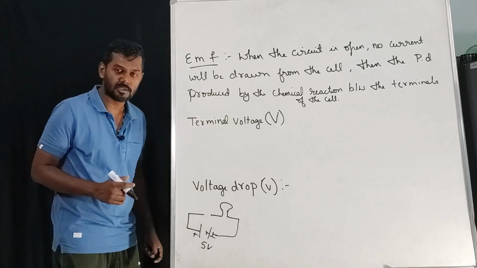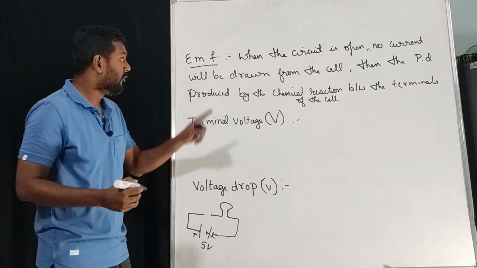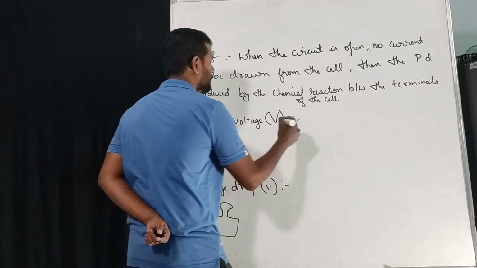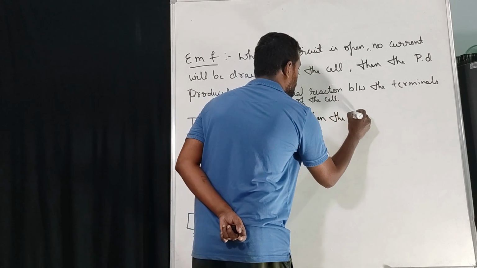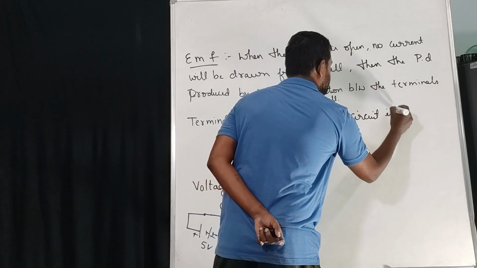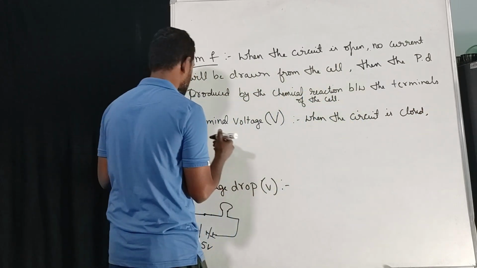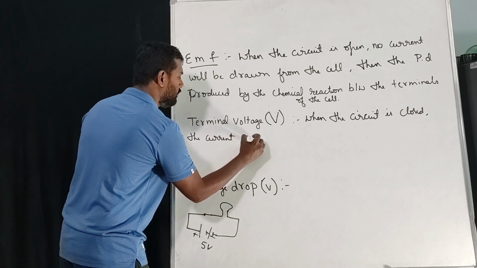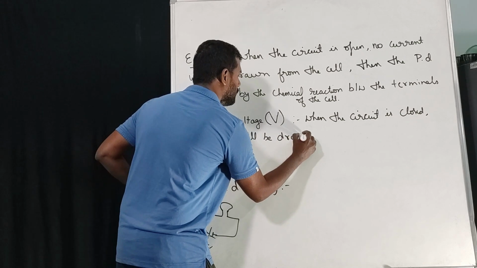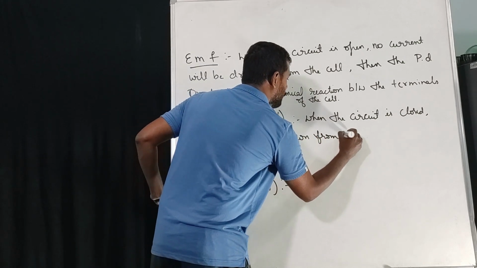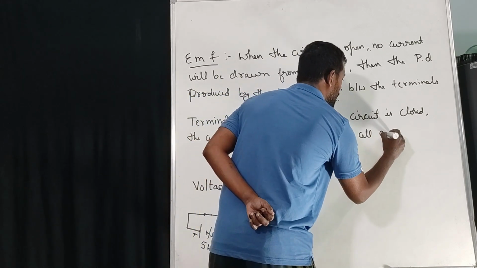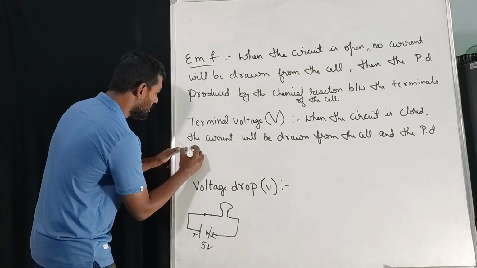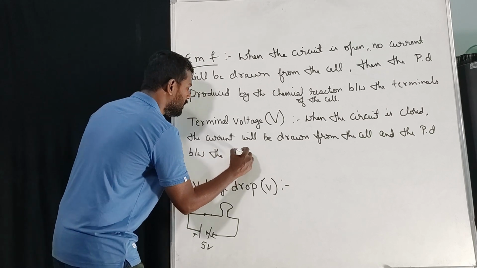Next we will go for the terminal voltage. Listen, when the circuit is closed, the current will be drawn from the cell and the potential difference between the terminals.